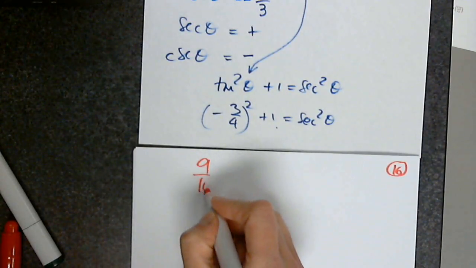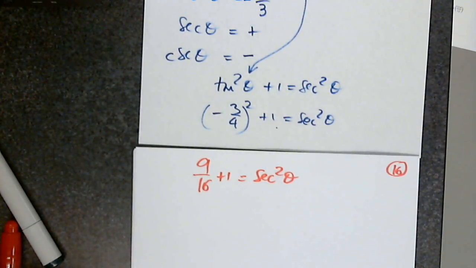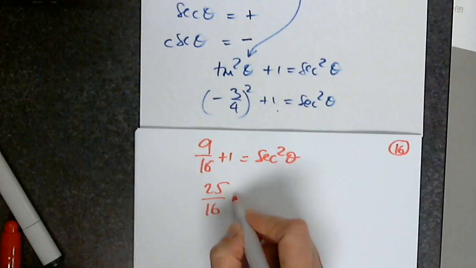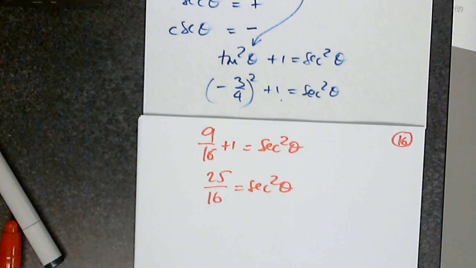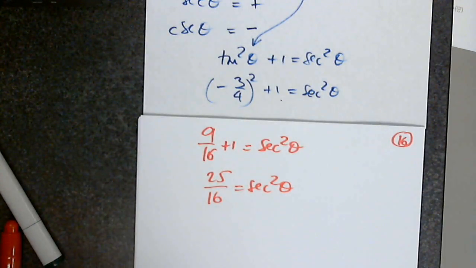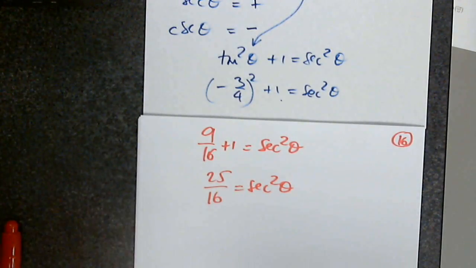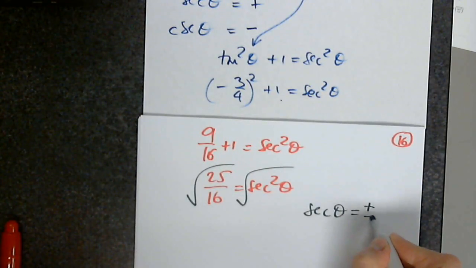Nine sixteenths plus 1. 9/16 plus 1 is 25 over 16. I need just secant, not secant squared. So what should I do? Take the square root from both sides. And there are 2 options. So then secant theta must be plus or minus.